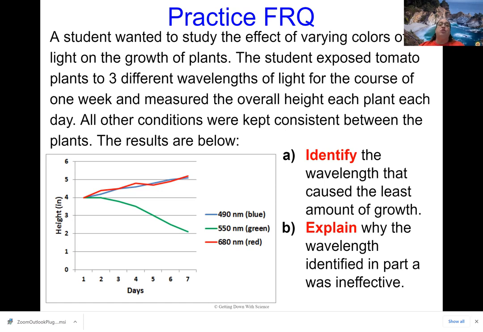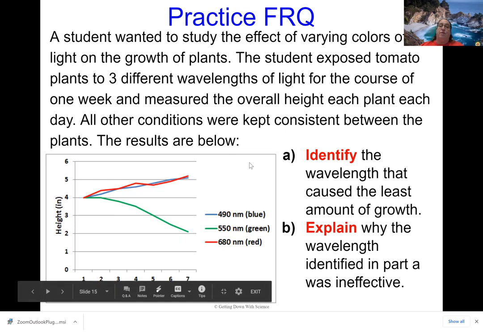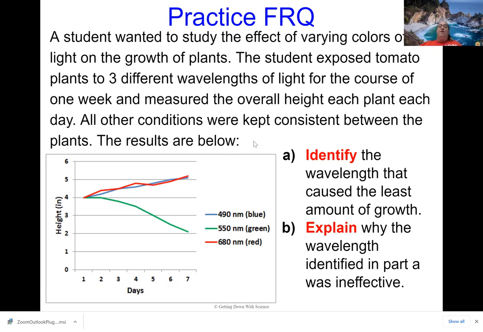All other conditions were kept consistent between the plants, and the results are below. And so here you'll see our graph. We have the 3 different wavelengths, and we have the height by the number of days. Identify the wavelength that caused the least amount of growth. Explain why the wavelength identified in part A was ineffective.